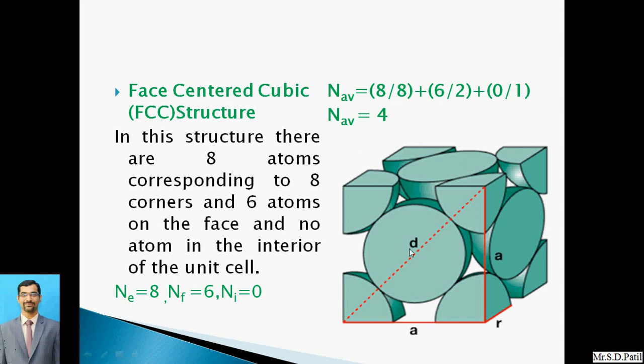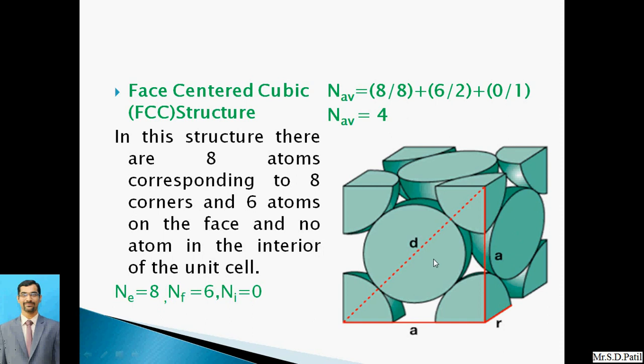Again, from this diagram you can see this is 1/8 part of one atom. When you add all those atoms, the top 4 and bottom 4, you will get one atom, and on the faces only half atoms are there. Here you can see these are half atoms, because this circle is cut in half.